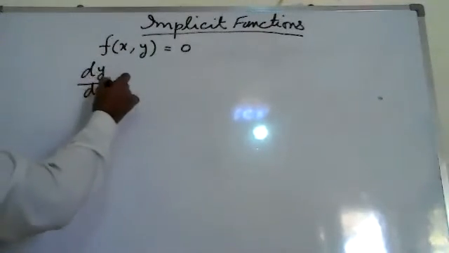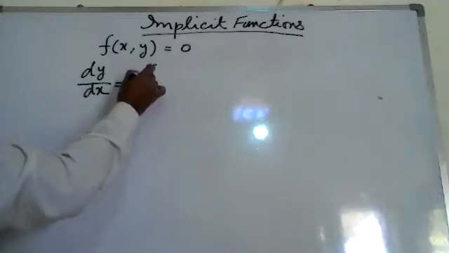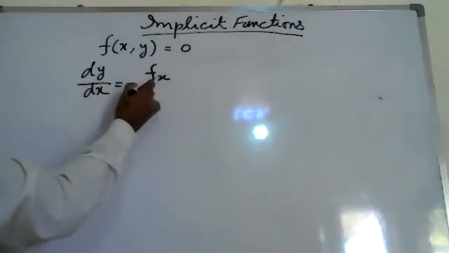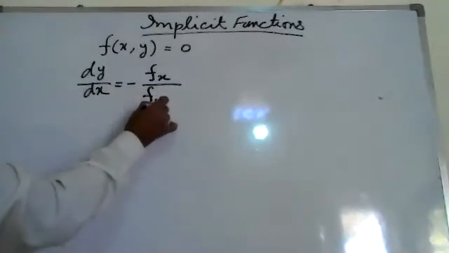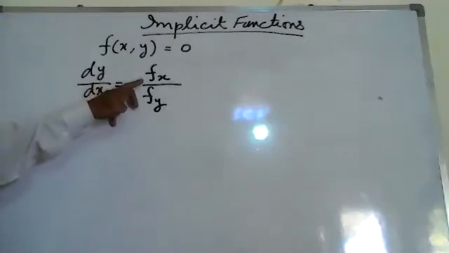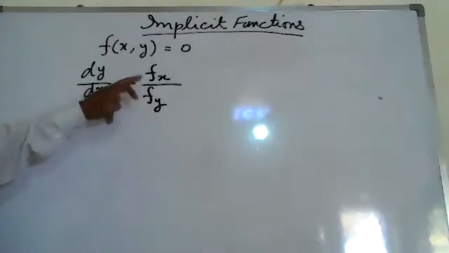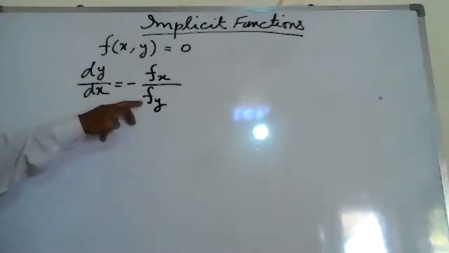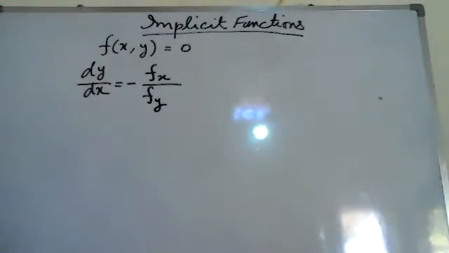Then we will write minus f of x upon f of y. That gives the derivative of the implicit function, dy upon dx, equal to minus f of x upon f of y, where f of x is the partial derivative of f with respect to x, and f of y is the partial derivative of f with respect to y.